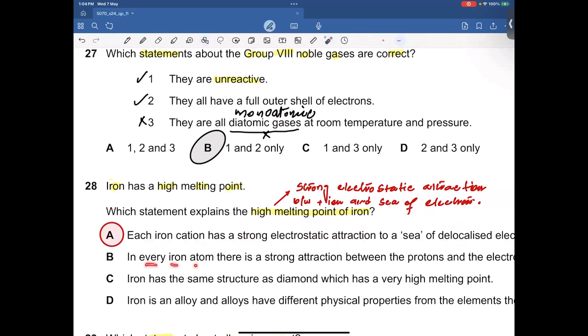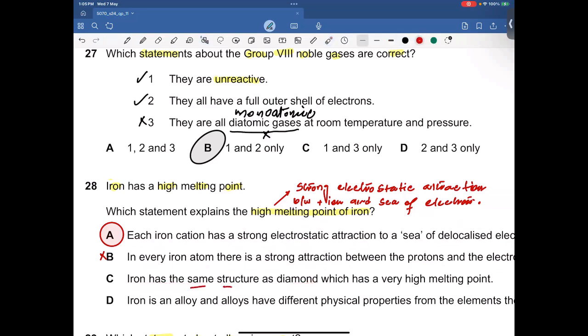Next, in every iron atom, there is a strong attraction between proton and electron. What kind of attraction? They haven't mentioned that, which means B is incorrect. Iron has the same structure as diamond.